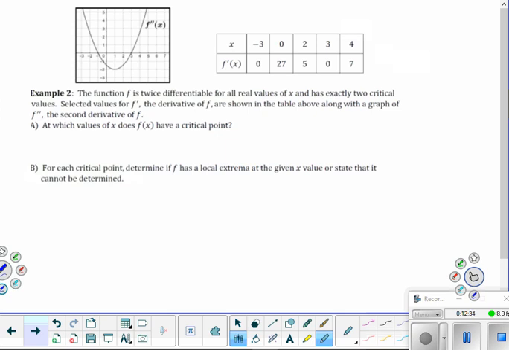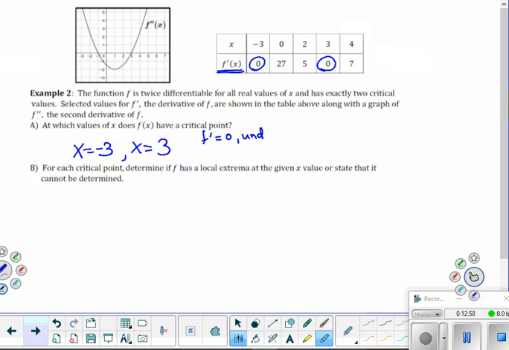At which values of x does f of x have critical points? Okay, critical points. f prime equals 0 or undefined. I'm going to go to the chart and look for where I see a 0 when I'm looking at f prime. That occurs at x equals -3 and x equals 3.